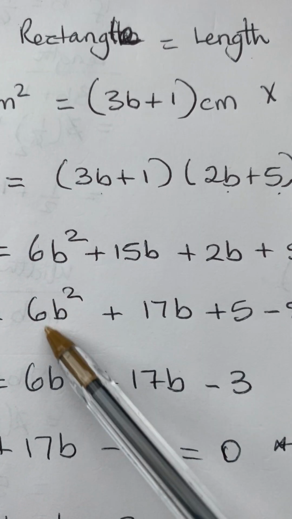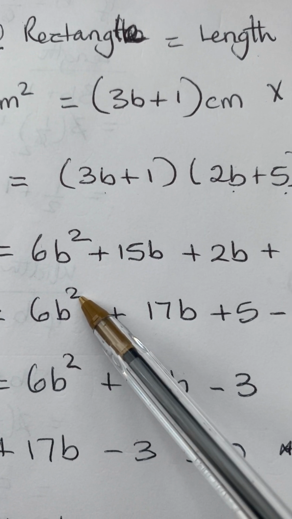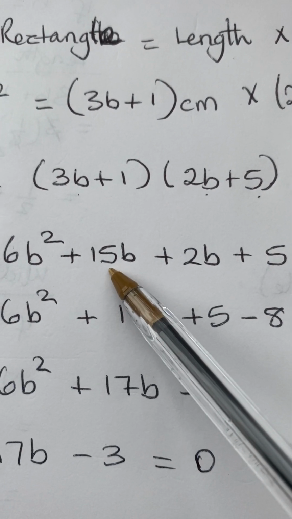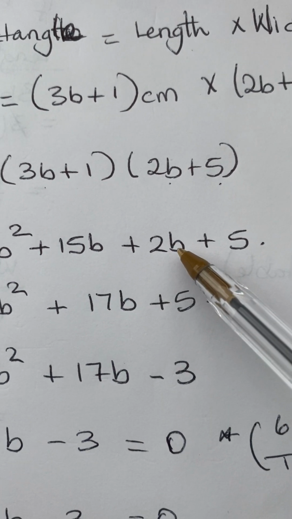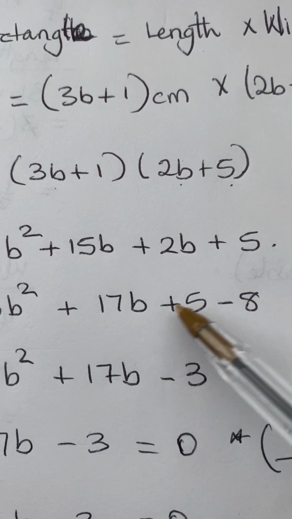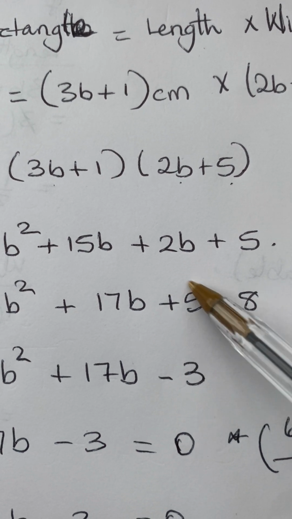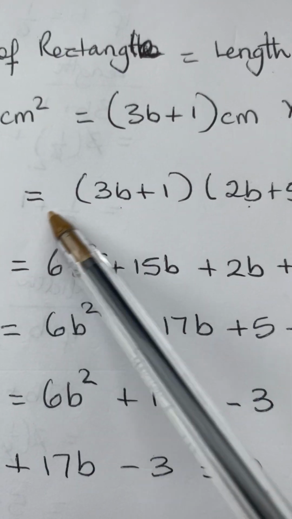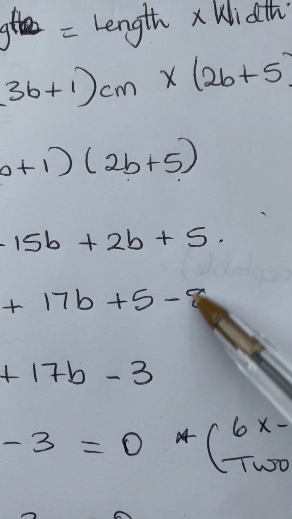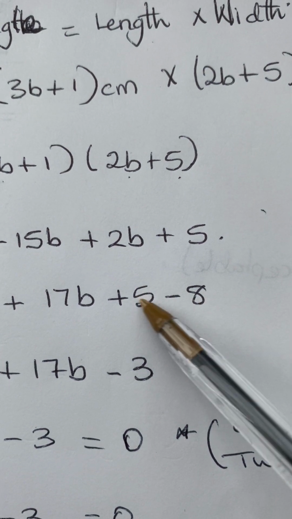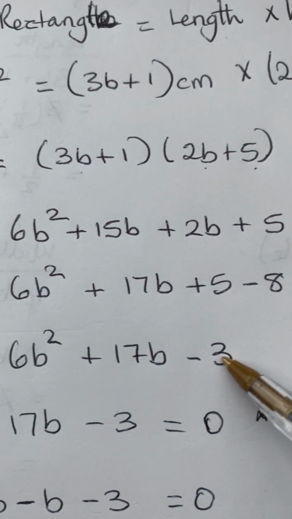So 6b squared plus 15b plus 2b will be 17b. Now we have plus 5 here and we have 8 here. If 8 is moved to that side, it becomes minus 8. So plus 5 minus 8 is minus 3.